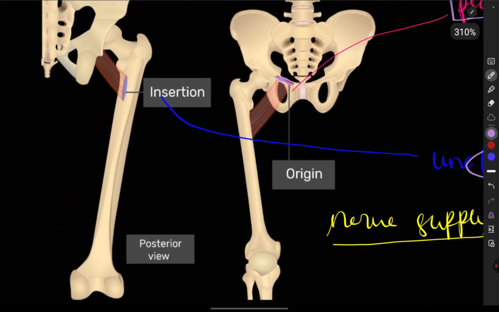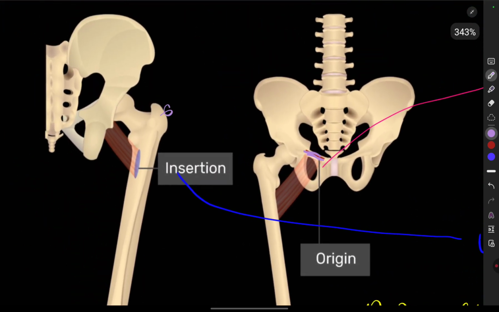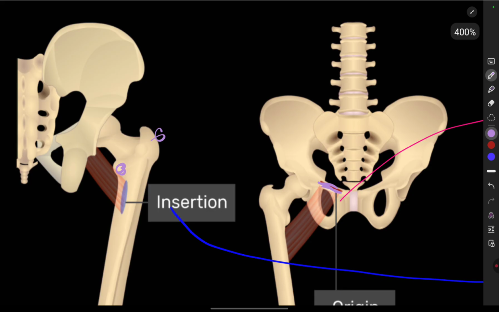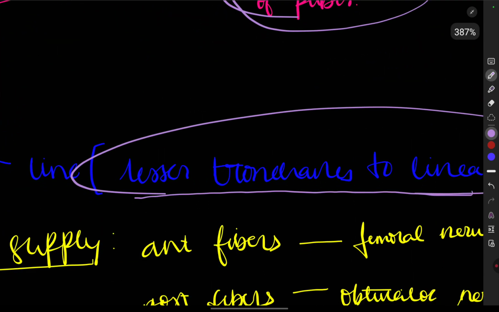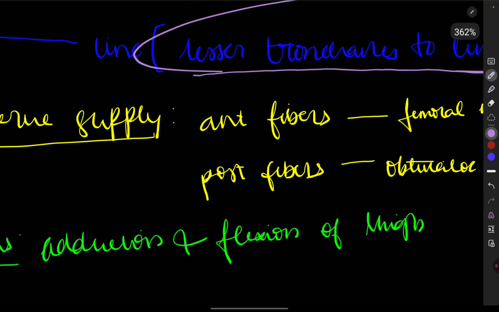Here is the greater trochanter on the front side, this is the lesser trochanter, and the line extends from the lesser trochanter to the linea aspera. This is the gluteal tuberosity above, and this is the linea aspera.